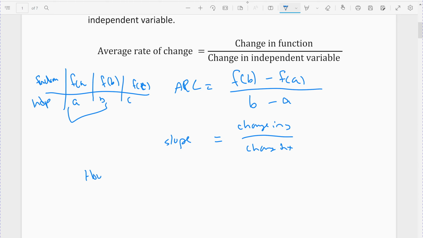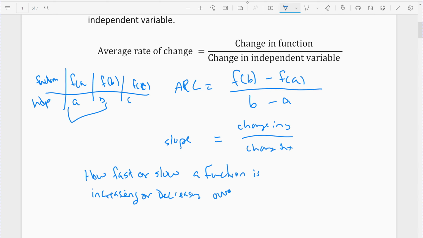It's how fast, the speed, if it's a big number, or slow, if it's a small number, a function is either increasing if it's positive or decreasing if it's negative, over whatever the input variable is, the independent variable. Again, a lot of times it's time.